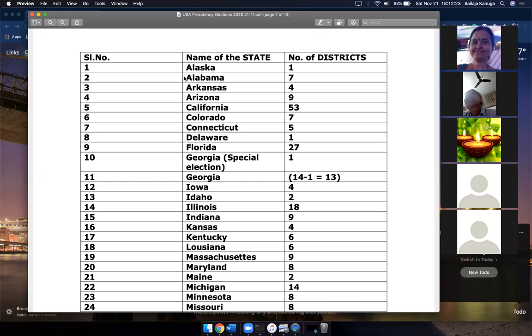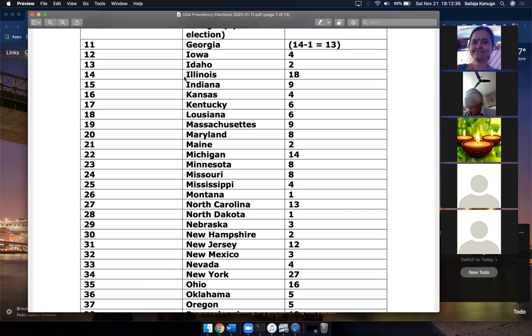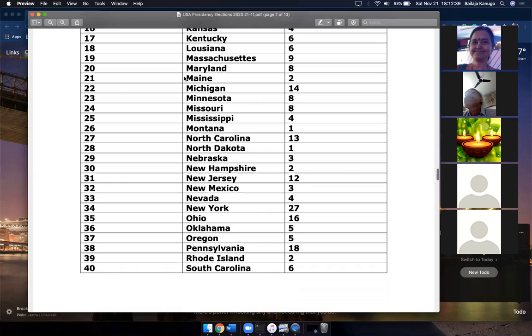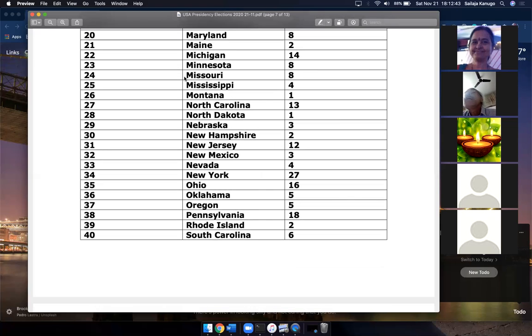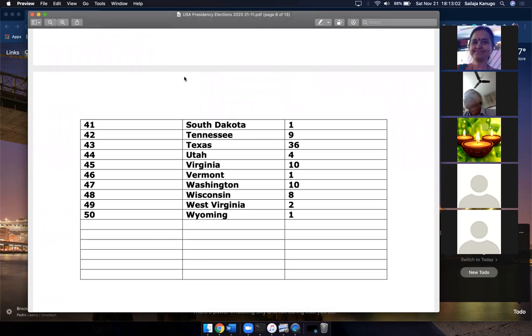So Alaska State, Alabama, Arkansas, Arizona, California, Colorado, Connecticut, Delaware, Florida, Georgia special election, Georgia, Iowa, Idaho, Illinois, Indiana, Kansas, Kentucky, Louisiana, Massachusetts, Maryland, Maine, Michigan, Minnesota, Mississippi, Missouri, Montana, North Carolina, North Dakota, Nebraska, New Hampshire, New Jersey, New Mexico, Nevada, New York, Ohio, Oklahoma, Oregon, Pennsylvania, Rhode Island, South Carolina, South Dakota, Tennessee, Texas, Utah, Virginia, Vermont, Washington, Wisconsin, West Virginia, and Wyoming.